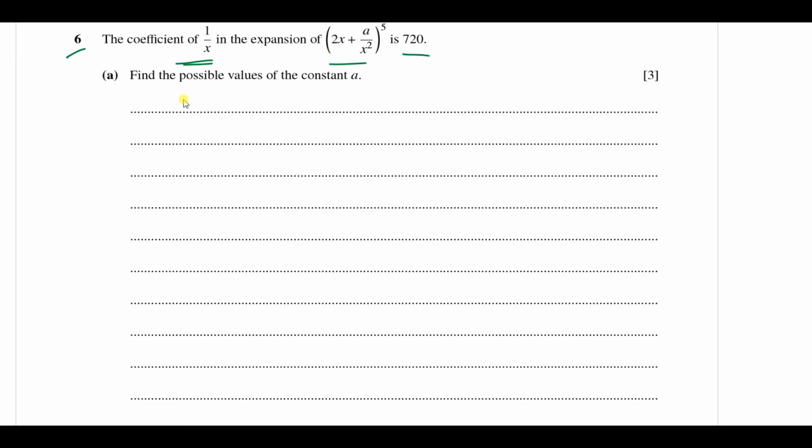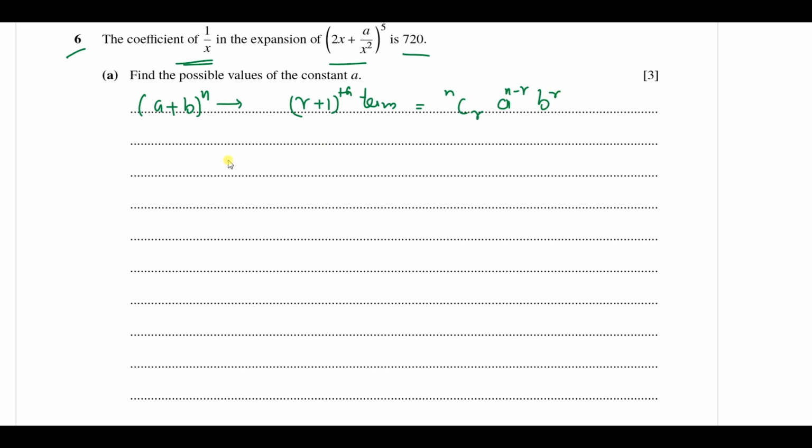For that we already know, if we have (a + b) raised to the power n, then the (r+1)th term is given by nCr a raised to the power n minus r and b raised to the power r.